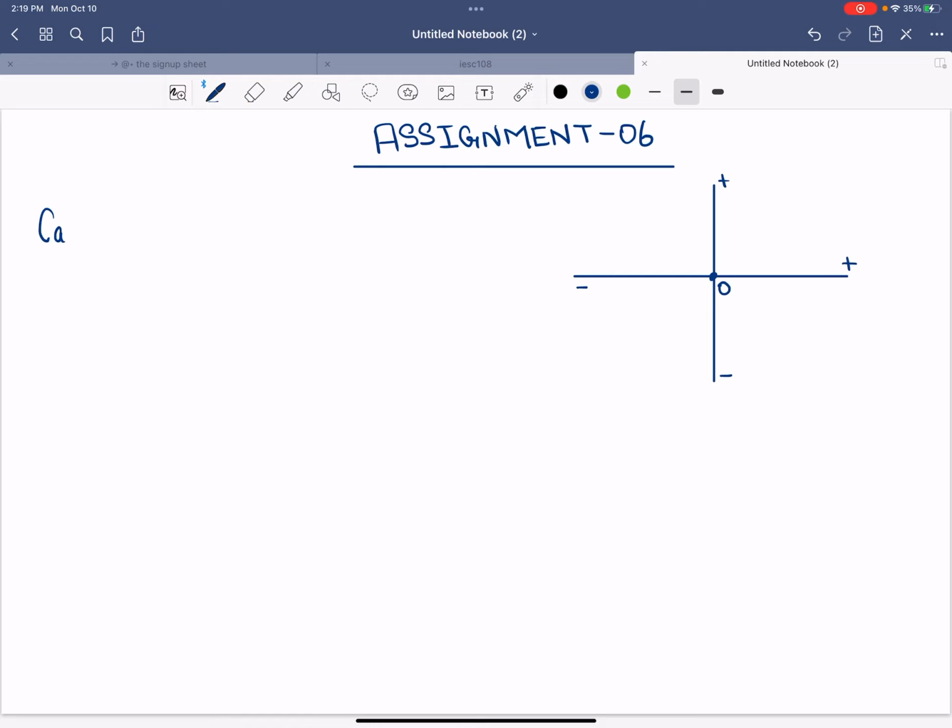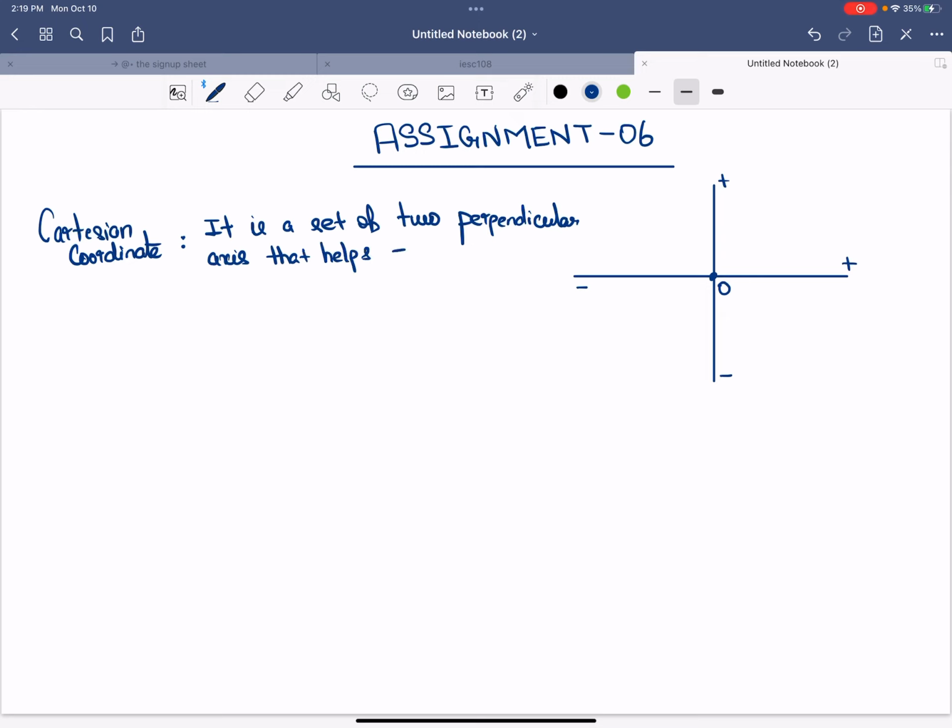Let's write this down in our notes. Cartesian coordinates. What is a Cartesian coordinate exactly? It is a set of two perpendicular axes that helps to represent quantities with direction.